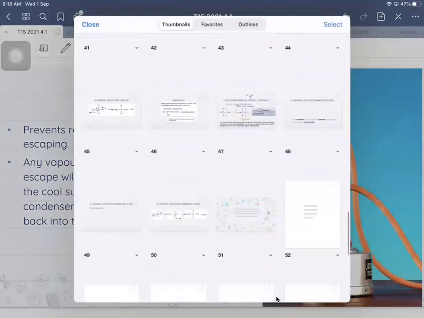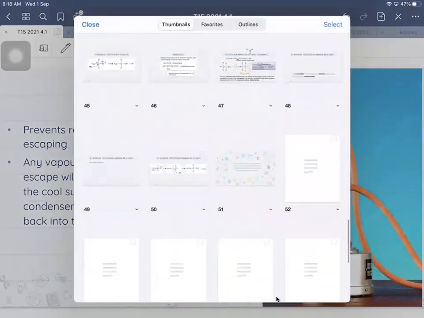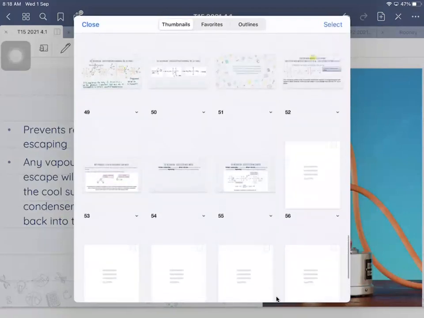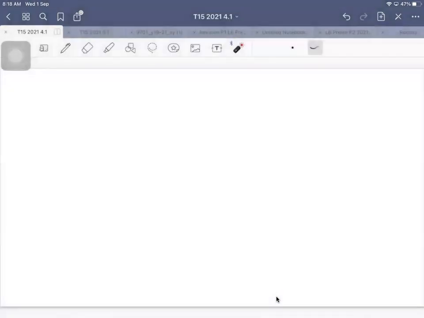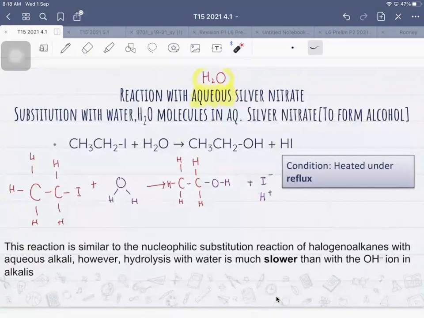Right, so that's reflux. We go back to the reaction that we were looking at just now. Because this reaction has water acting as a nucleophile, we call it a hydrolysis reaction.